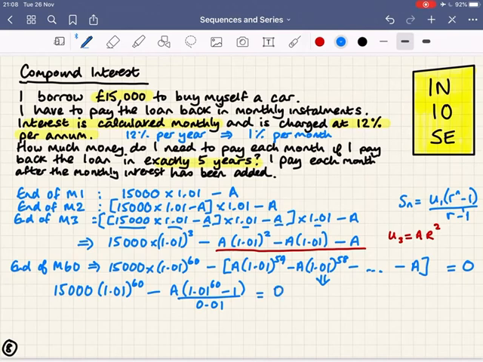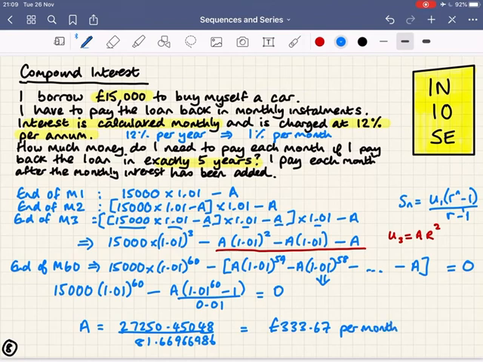Then we get A is equal to, do this calculation yourself, I don't want to take up too much time, but if we multiply everything by 0.01 here, and then rearrange for A, we get A is equal to 27250.45048 all over 81.66966,986. I'm being as precise as possible, which is equal to £333.67 per month.